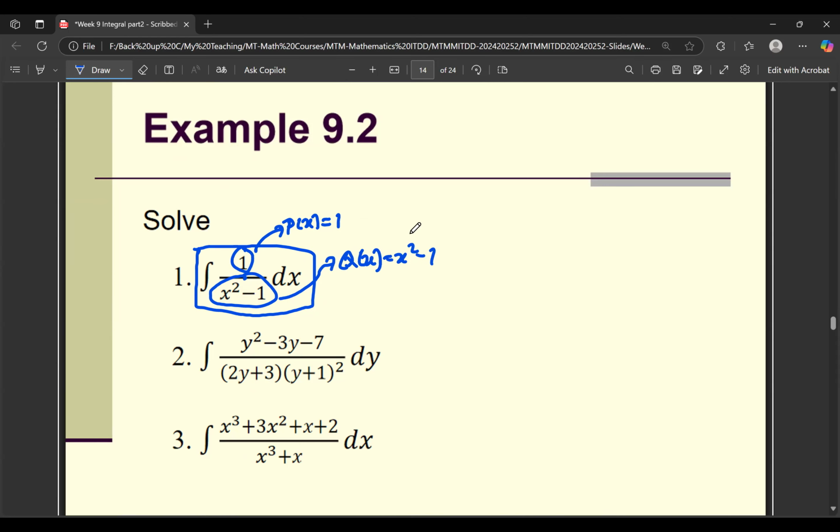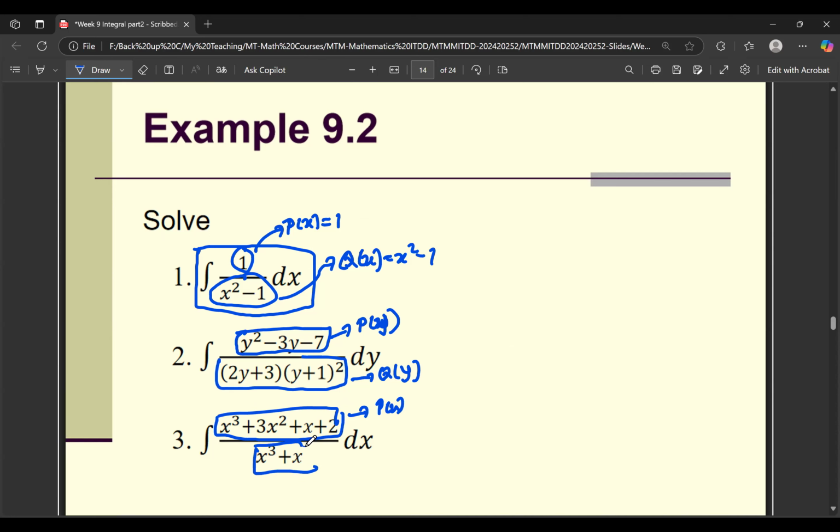This is example number one, and this is number two, where this is Py and this is Qy, because the variable is y. And then this is Px and this is Qx.